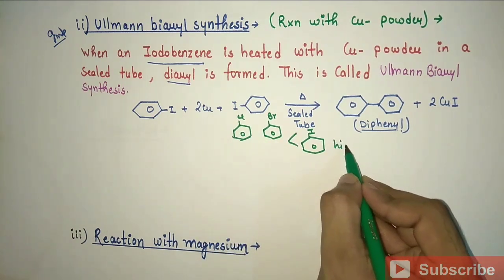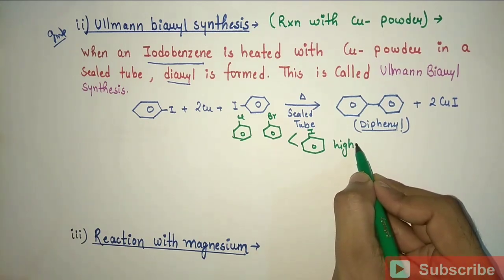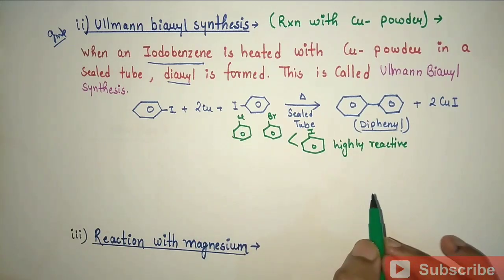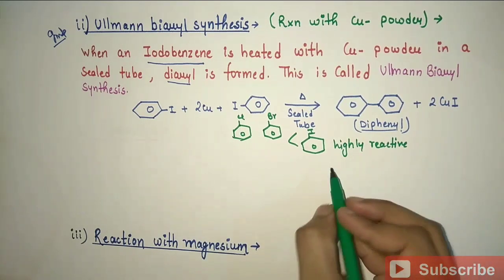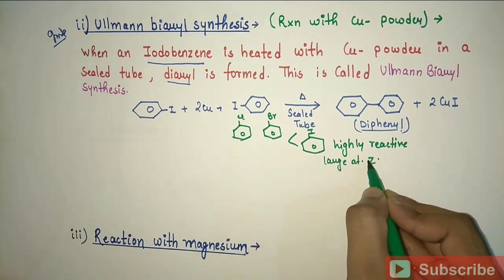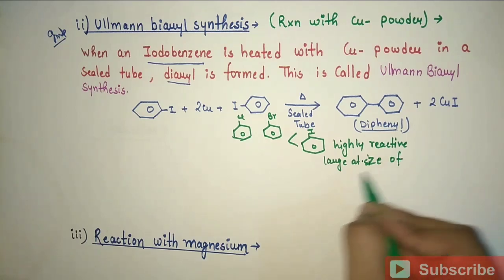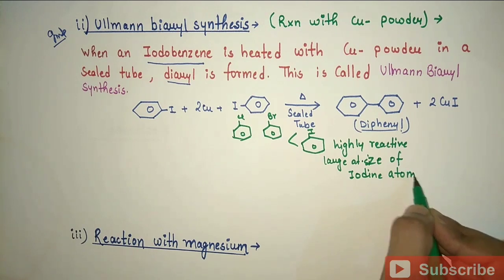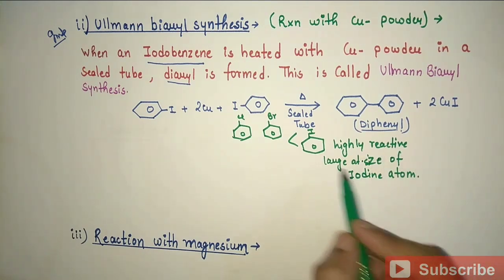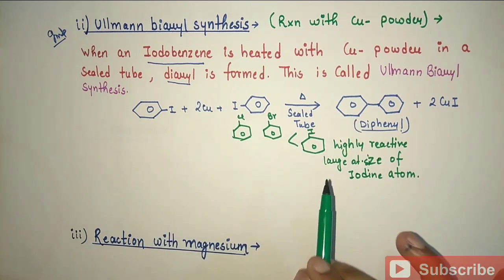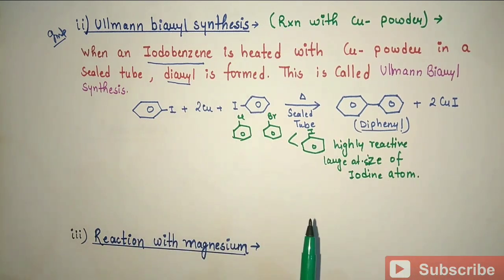It is highly reactive as compared to chloro or bromobenzene because of the large atomic size of the iodine atom. So due to the higher reactivity of iodobenzene than chloro and bromobenzene, only iodobenzene undergoes the Ullmann biaryl synthesis to form diphenyl as the product.